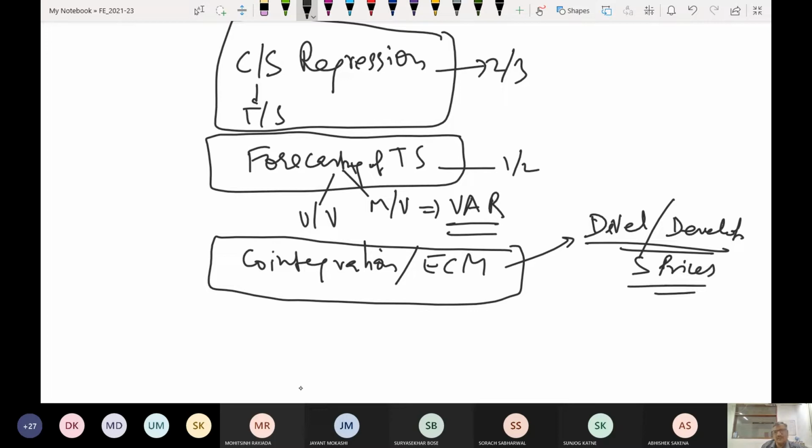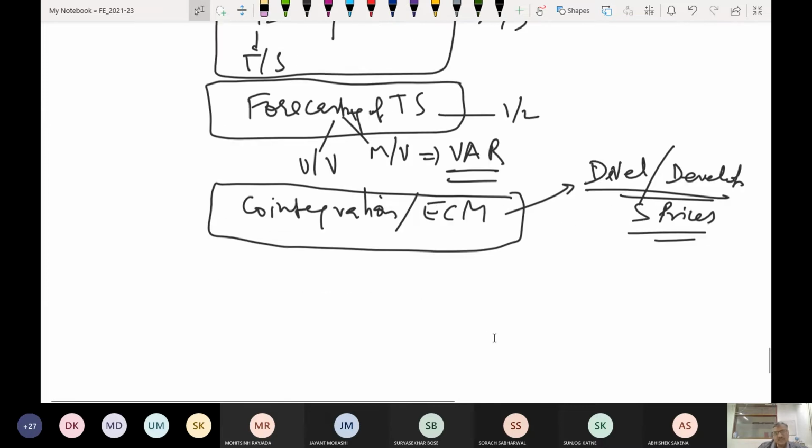That can be studied with the help of co-integration. You would like to understand whether your company share prices have long-term association with which countries' indices, or within the country you can also find out the long-term association. Again, 1 or 2 sessions will be devoted there.